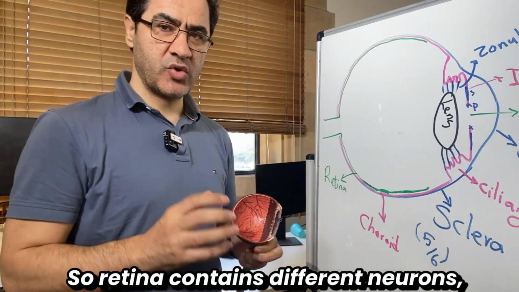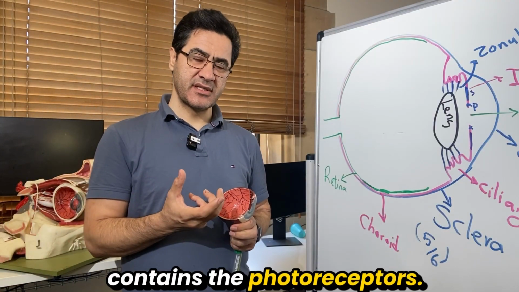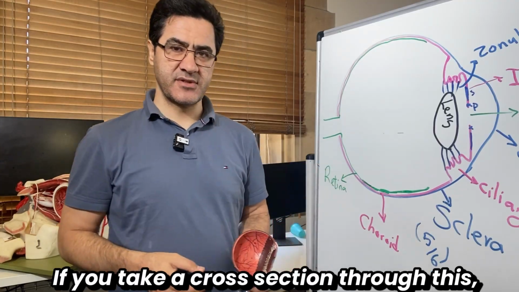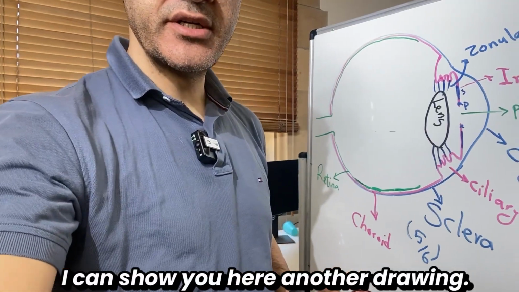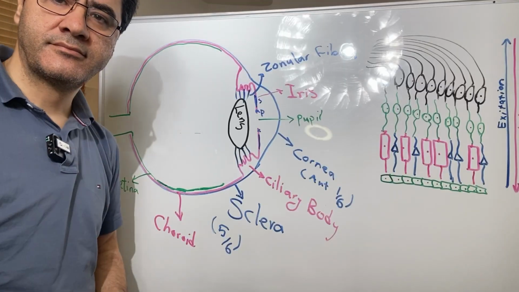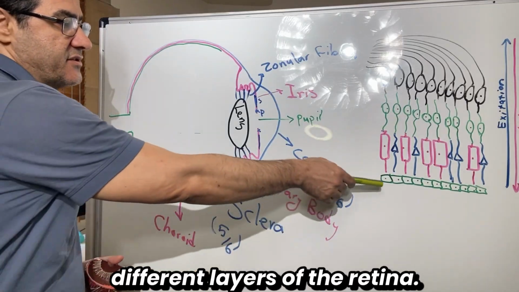The retina contains different neurons and the photoreceptors. If you take a cross section through this, I can show you another drawing. You can see here the different layers of the retina.